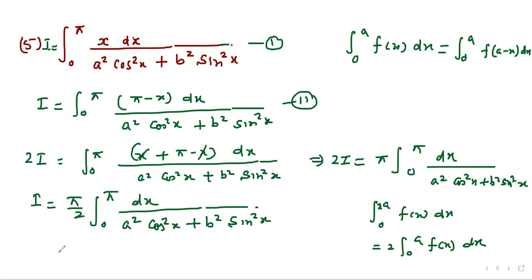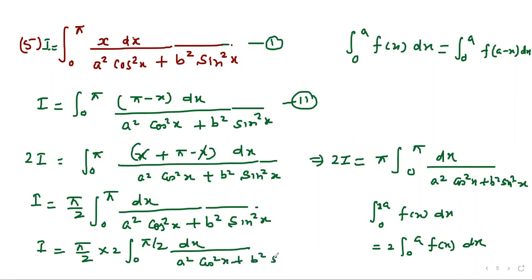So here it will become I equal to pi by 2 into 2 times integral 0 to pi by 2 dx upon a square cos square x plus b square sine square x.